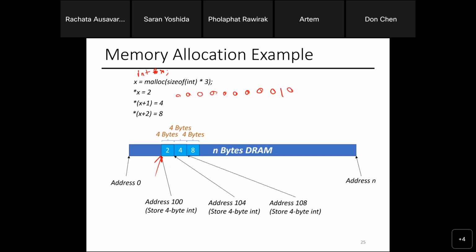Basically now instead of pointing to address 100, x points to address 2. It means you change where x points to. So let's say you do x equal to this, it now points here. Which is a totally possible bug you can have in assignment 3. So be mindful about this when you use a pointer.